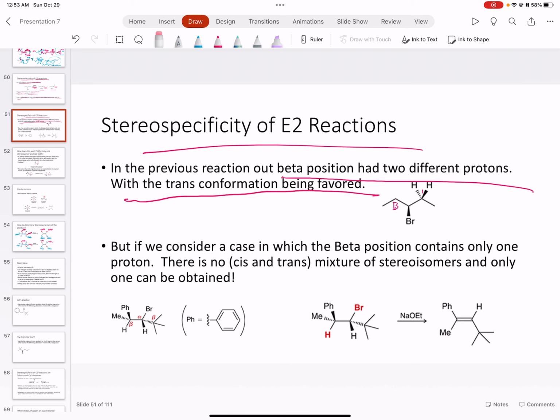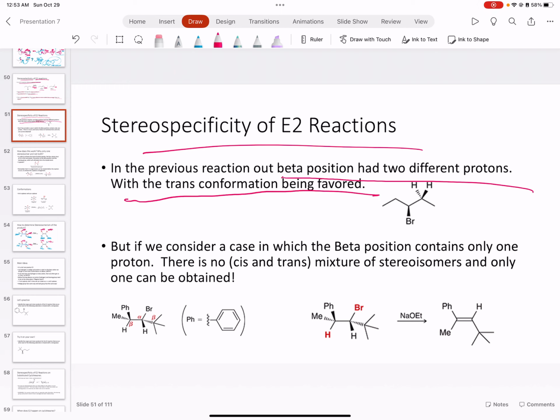But if we consider the stereoselectivity, or if we consider that we have hydrogens on a wedge and a dash, then you can see that if we take out the hydrogen on a wedge, we're going to have it either being cis or trans. But if we take one on a dash, then it's going to be the complete opposite of what we'd get if we were to take one from the wedge.